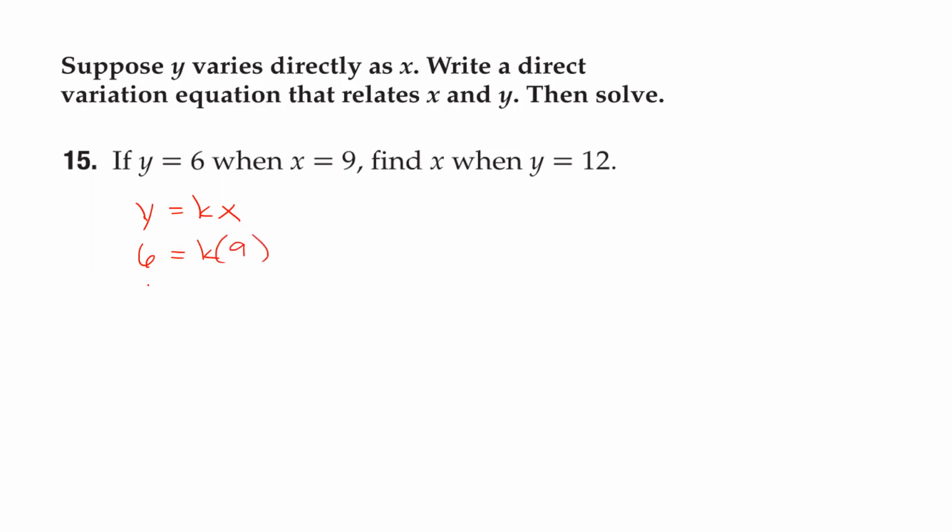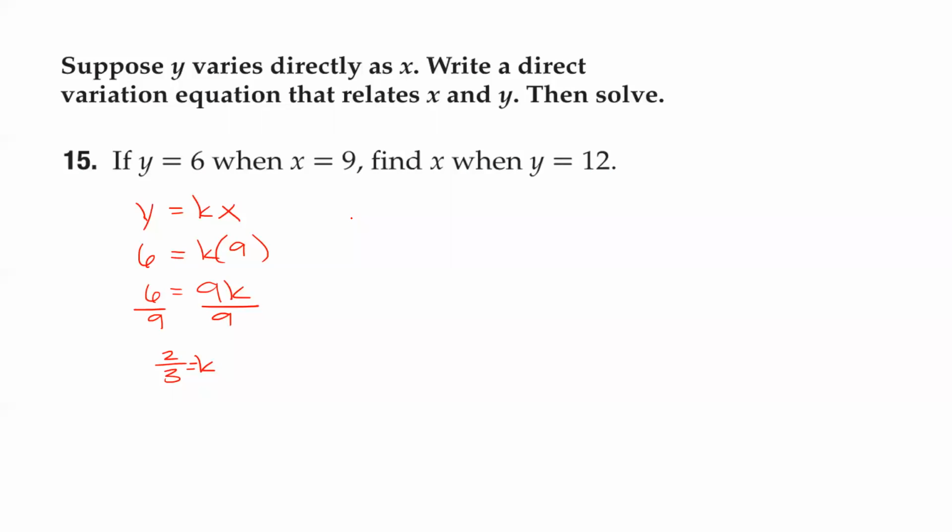So it's 6 equals 9k. We have a one-step equation, so we do the inverse and divide both sides by 9. So 2/3 equals k.